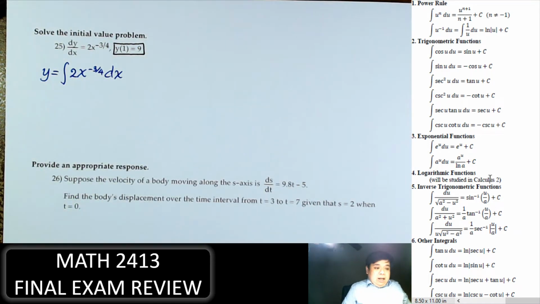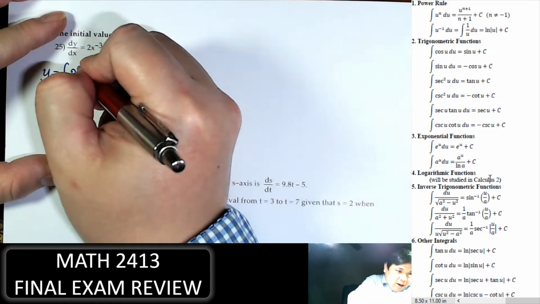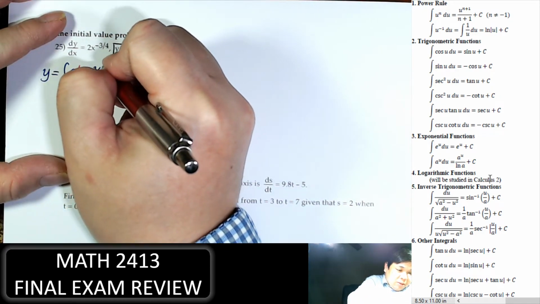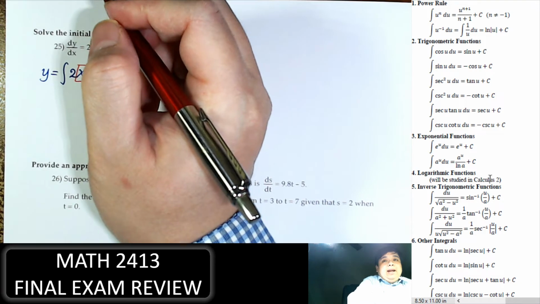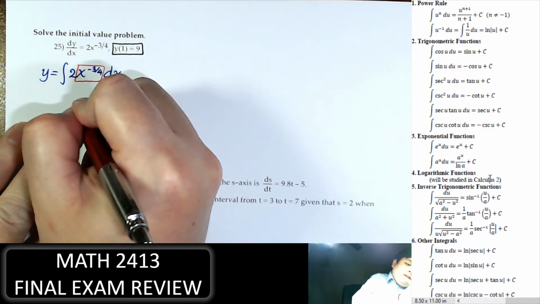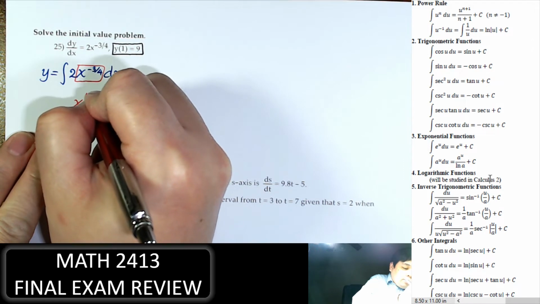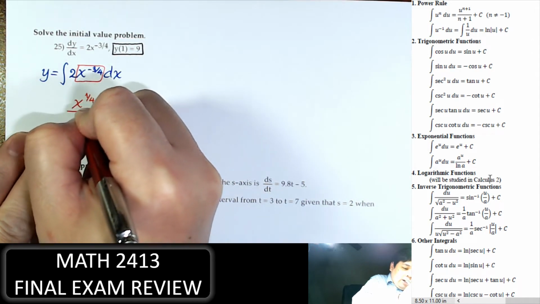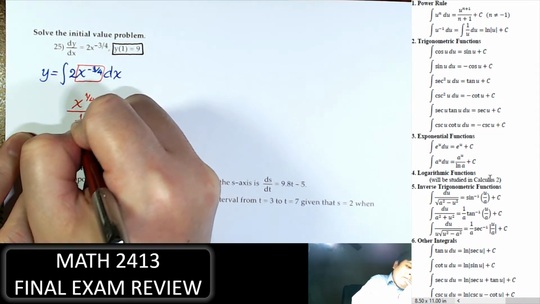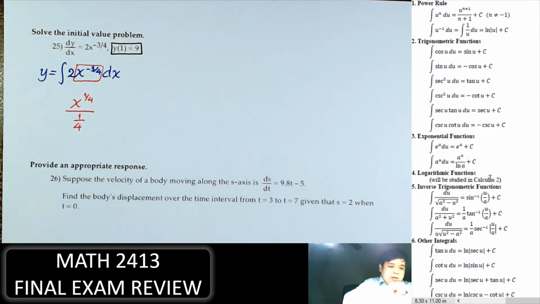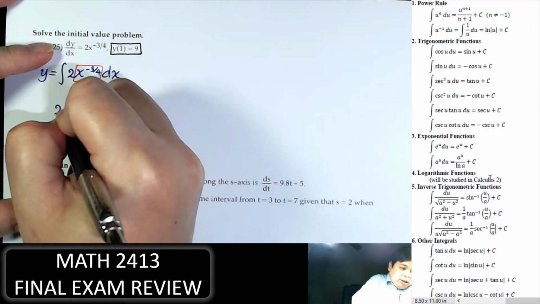Right, now the power rule applies for this power. Increase the power by 1 and then divide by the same thing. Negative 3/4 plus 1 is 1/4. Divide by the same thing. There's a 2 in front of it.